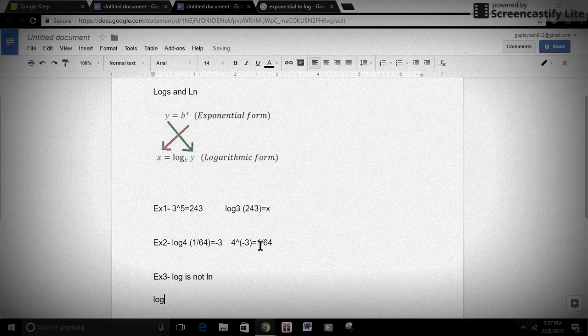Log is when the subscript is 10, while in natural log, ln, your subscript is a constant called e, which you should already have learned if you're learning about natural logs and logs, which is about 2.7, I think.